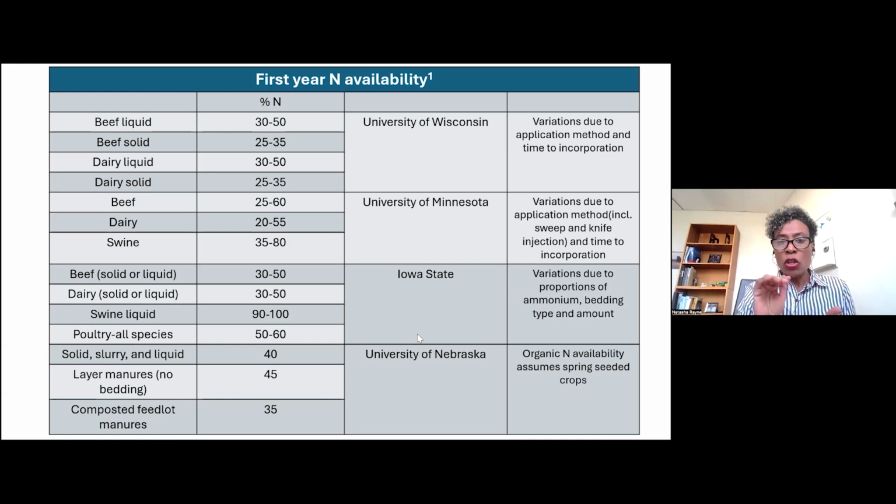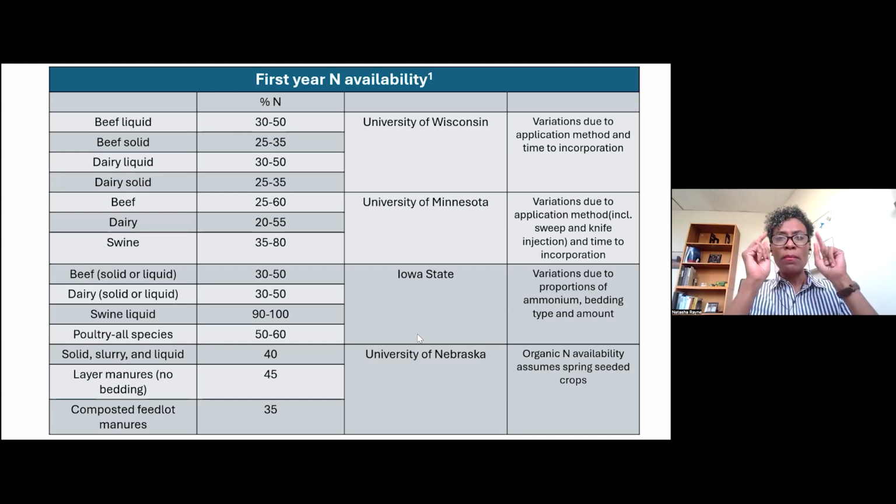The University of Minnesota takes it a step further, and when they talk about injection, they also talk about the difference between sweep injection or knife injection. Are you sweep injecting or injecting with knives or coulters, right? So there's always these variables that we need to look into.